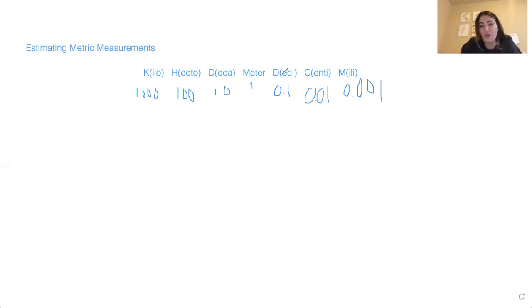So this is for length, when it's meters. The prefixes stay the same, but for weight, which is grams, meter is switched out with grams.